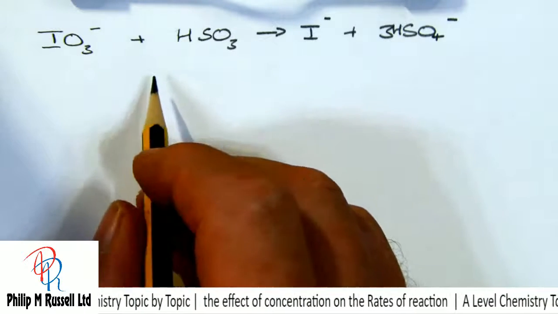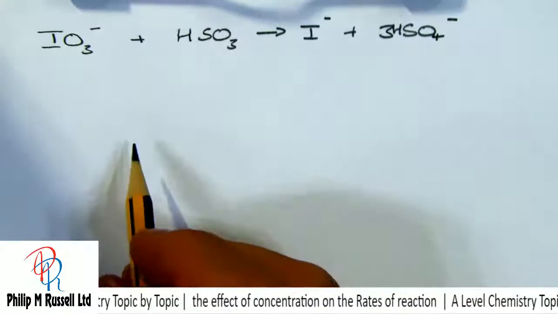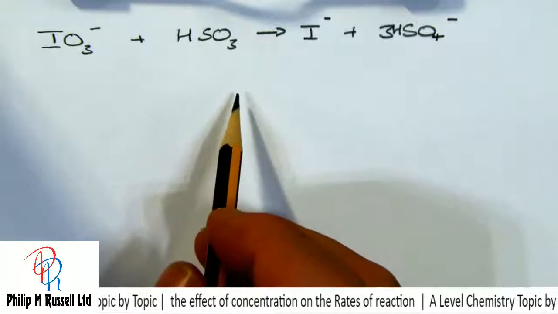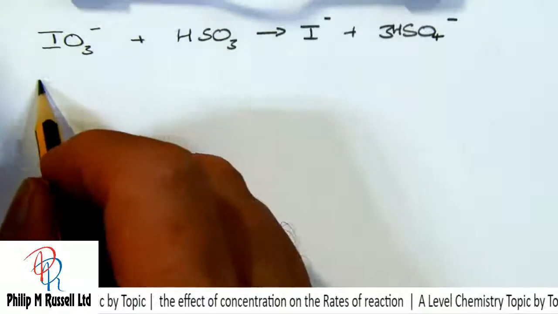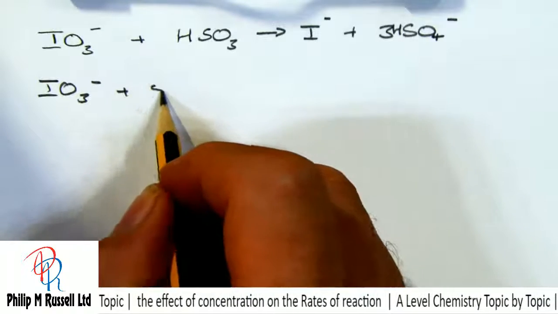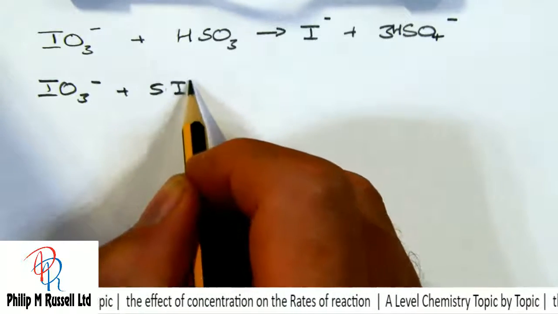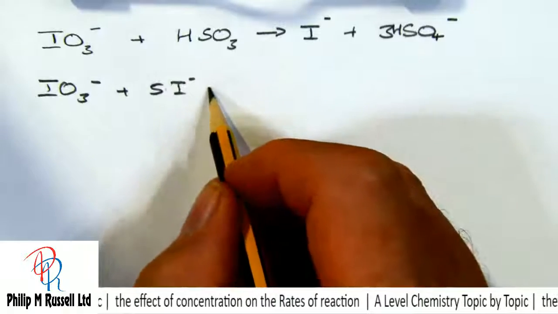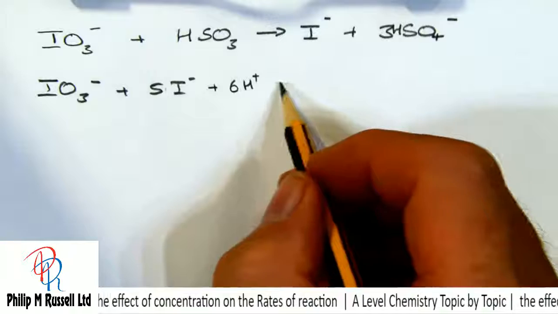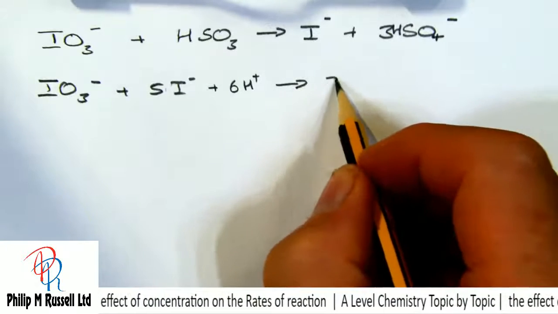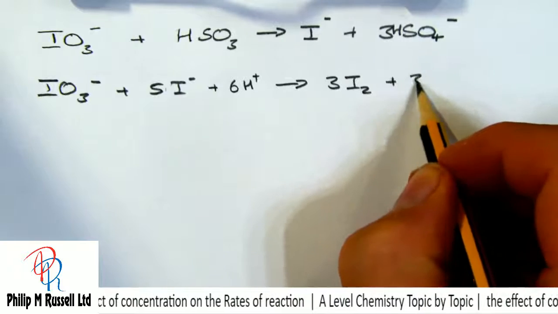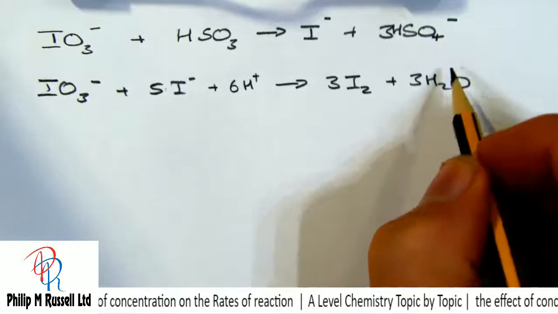Next, the iodate, which is then in excess, will oxidize that iodide generated to form iodine. So we've got the IO3 minus plus some iodide with an acid here is going to make iodine plus some water.